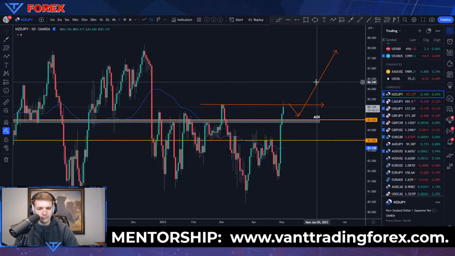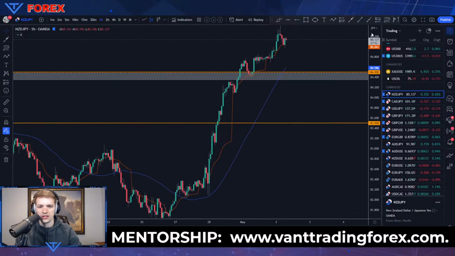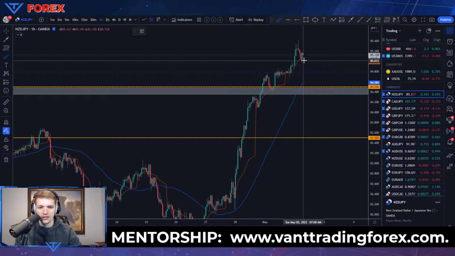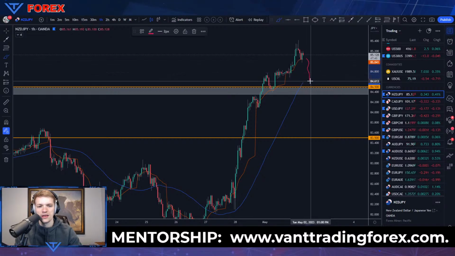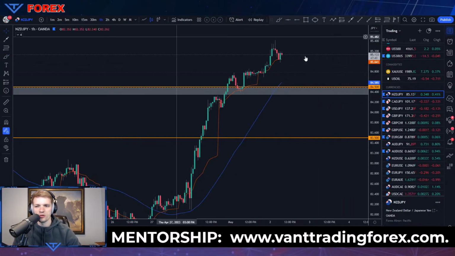I still want to see that yen continuation play that I talked about the other day. If you take a look at the 1 hour chart, New Zealand yen, it's been just grinding up, and I don't want to take buys here. I'd like to see some type of pullback into more of a rounded EMA, and then we'll look for a continuation higher. But nothing on New Zealand yen today.